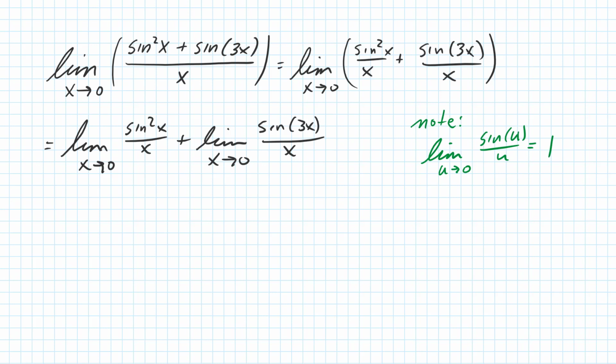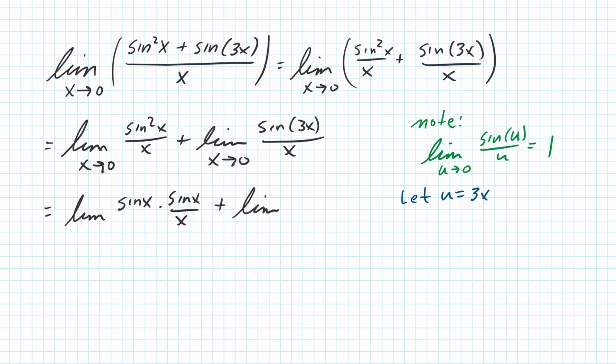So coming back to the problem here, I see that I do have a sine x over x, so I can write this as the limit of sine x times sine x over x, right? There's two sine x's there, so that's equivalent, plus the limit as, well, for this one, I think what we'll do is we'll let u equal 3x.